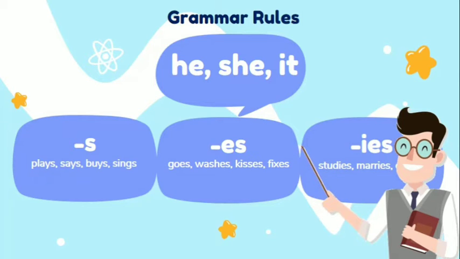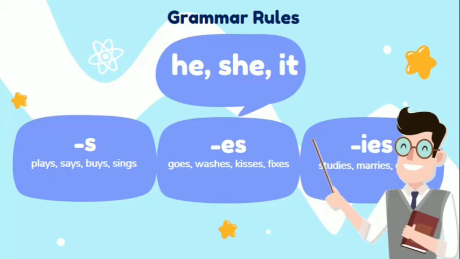For example, go, play, say, buy, sing, wash, kiss, fix. But when the subject is he, she, it, or third person singular, at the end of the verb we add s, es, or ies.